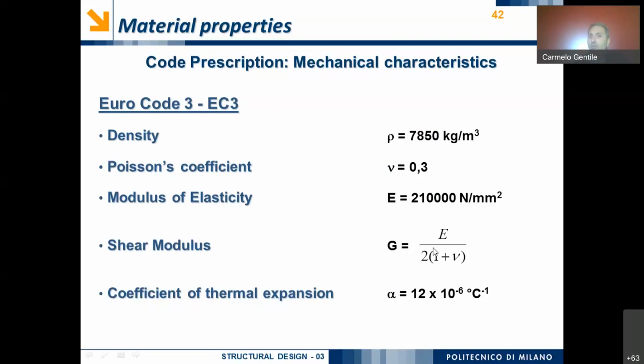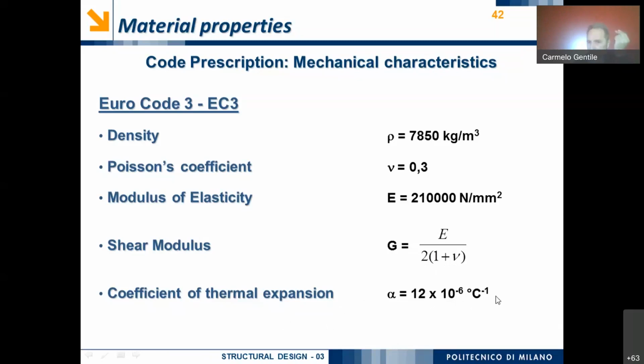Similarly, the shear modulus can be obtained from E and ν by using this classical formula from elasticity. So it's the ratio between the Young's modulus, or the modulus of elasticity, over 2 times (1 plus ν). In addition, the value of the coefficient of thermal expansion is equal to 12 times 10 to the minus 6 degrees centigrade to the minus 1.